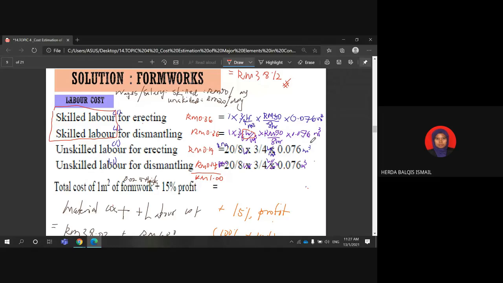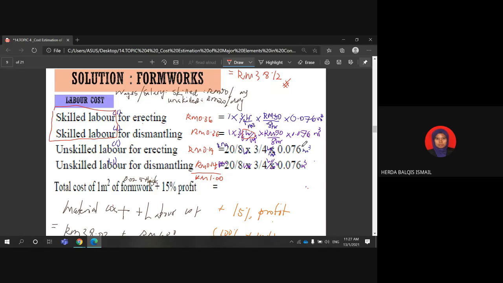Then multiply with the volume of timber required, which in this question has a dimension of 1 meter square with a thickness of 0.025.